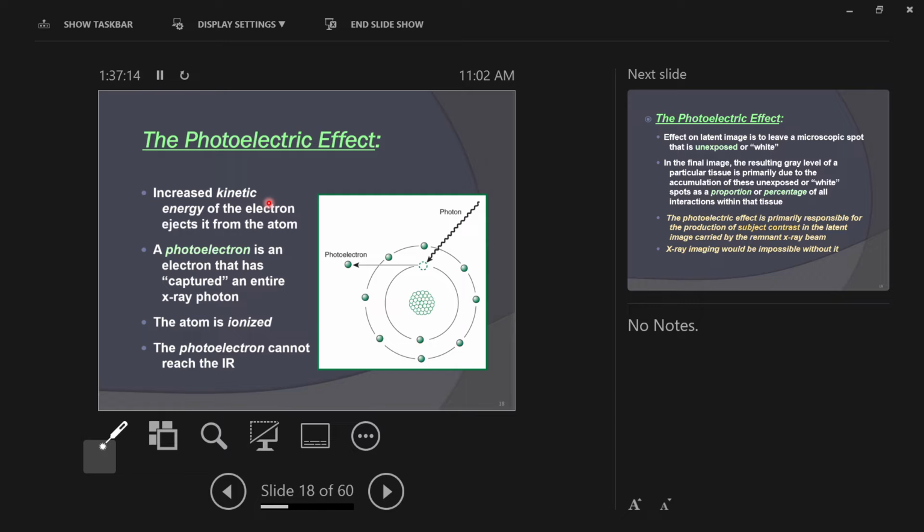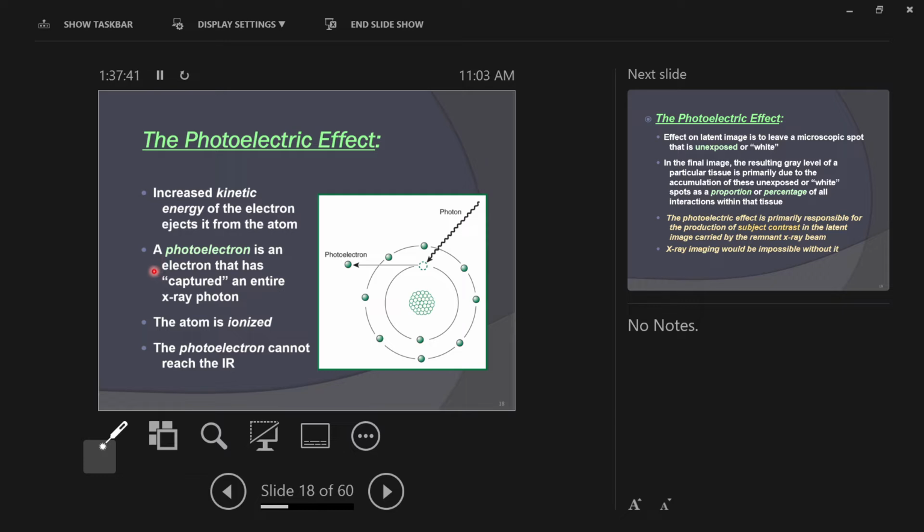They can only give or gain photons of electromagnetism. Increased kinetic energy of the electron causes the electron to be ejected from the atom it's in. A photoelectron is an electron that has absorbed, converting the kinetic energy of the photon into the kinetic energy of the electron.